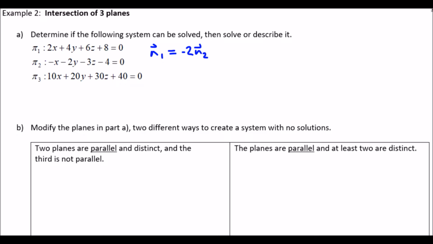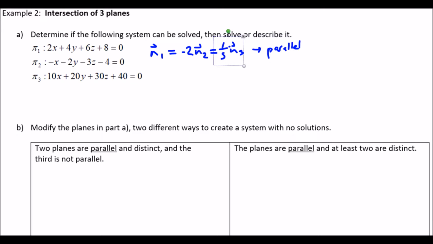And then finally, if I multiply this guy by 1/5, I will get normal 3. So there we go. So the normals, what does that mean? They are parallel.